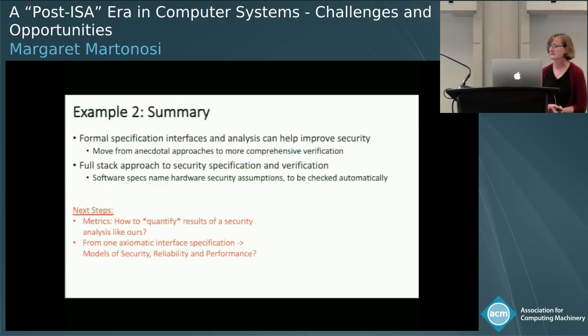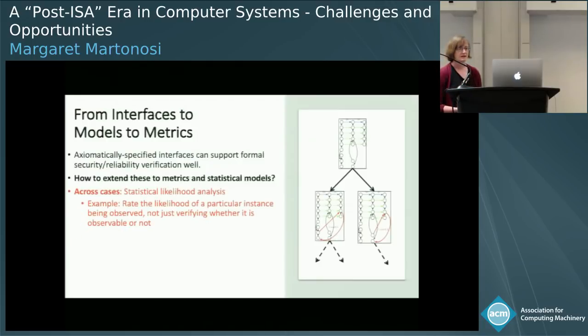And they also gave us leverage on doing full stack approaches from software through to microarchitectural details in a way that is, I think, increasingly important as people figure out ways to come up with security exploits that are very microarchitectural specific. So what's next?